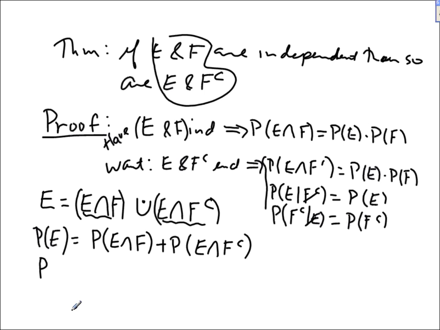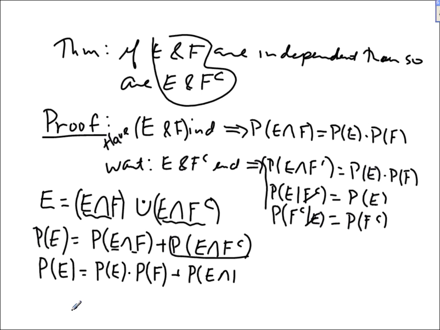And then I'm going to use the property that I know. Since E and F are independent, this is P of E times P of F plus this. I'm going to solve this equation for this.